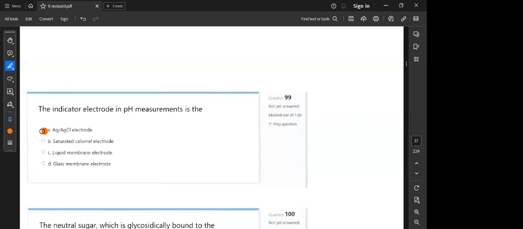G, glass membrane electrode. Yeah. I didn't say it's not. I just said silver chloride is used. I don't know why not glass membrane electrodes. So for those saying glass membrane electrodes, why not silver chloride?